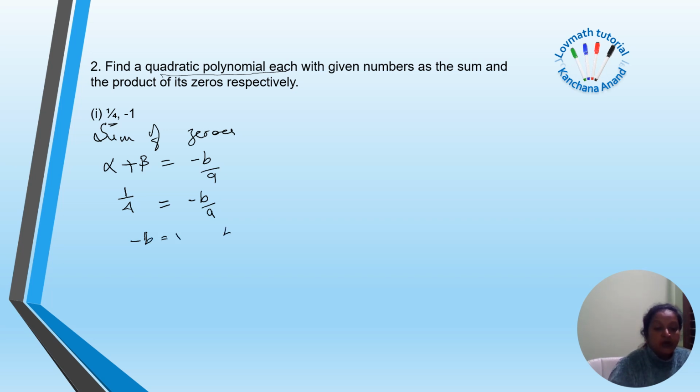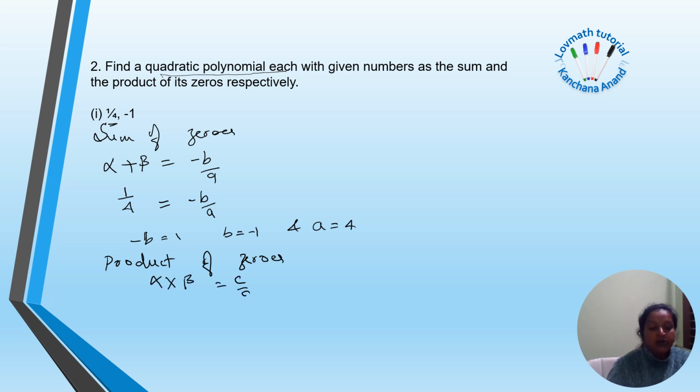That means b is equal to minus 1 and a is equal to 4. Now the product of zeros, that is alpha into beta, is equal to c divided by a.